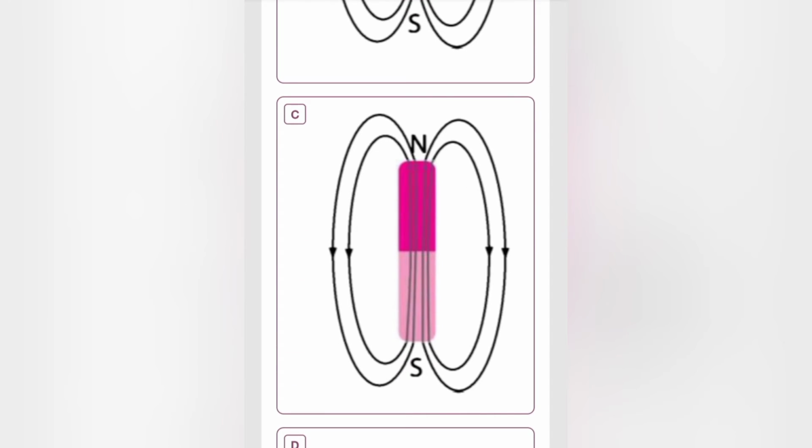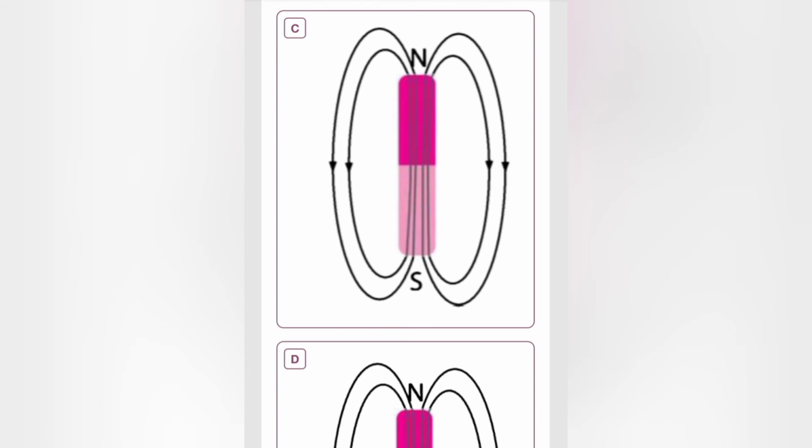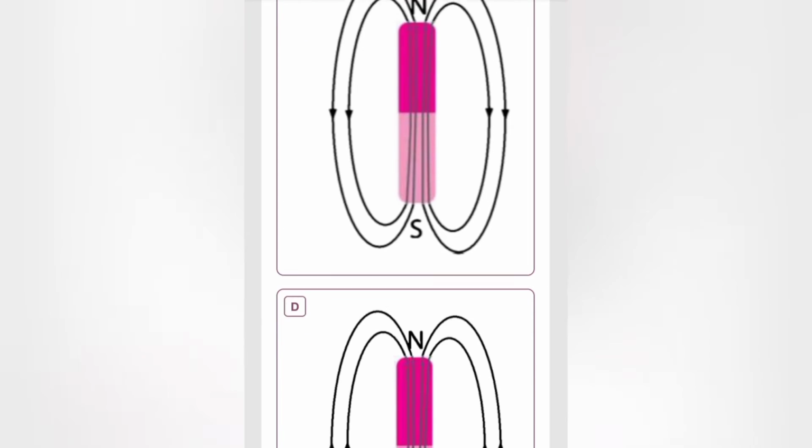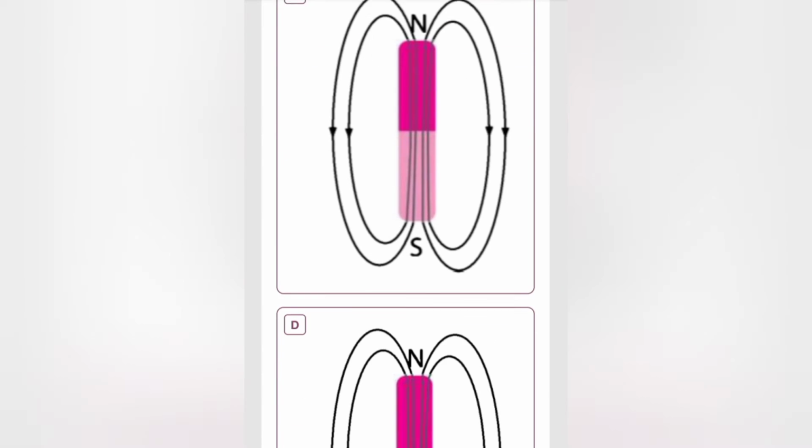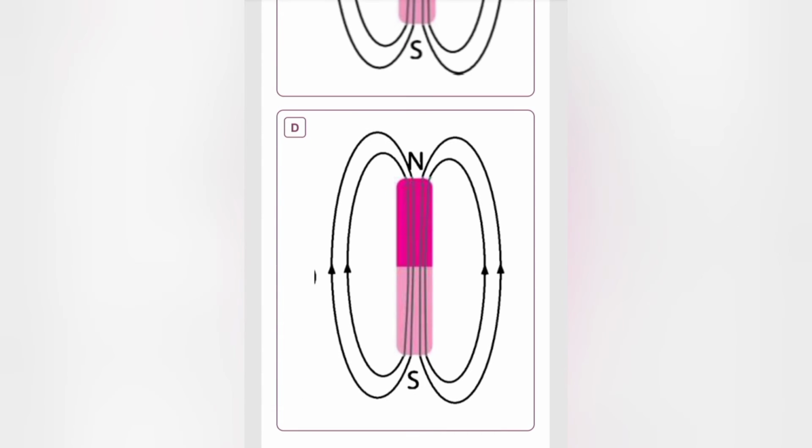C option, you can find that yes, inside the bar magnet how the field lines are is very clearly shown. So it will be closed curves, isn't it? Closed curves. So option C is correct. And option D, you can find that it is from south to north.